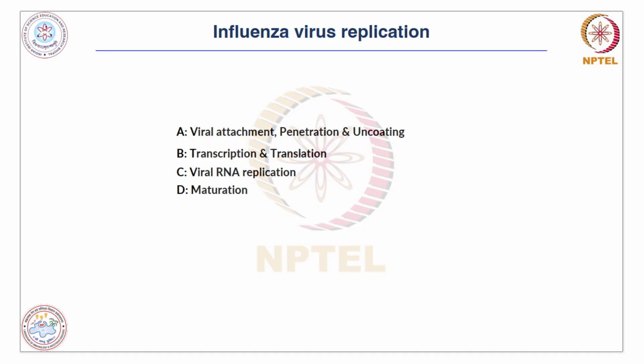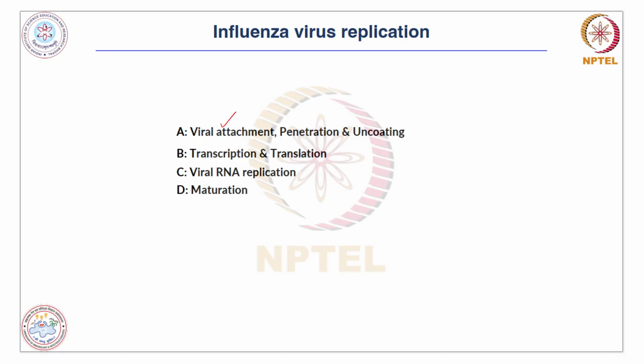And once the virus is inside the host, the endosomal environment becomes acidic, which triggers the fusion of the viral envelope with the endosome membrane. And this fusion is associated with the M2 ion channel, which will acidify the interior of the virus and allow the uncoating. So the first stage was viral attachment.